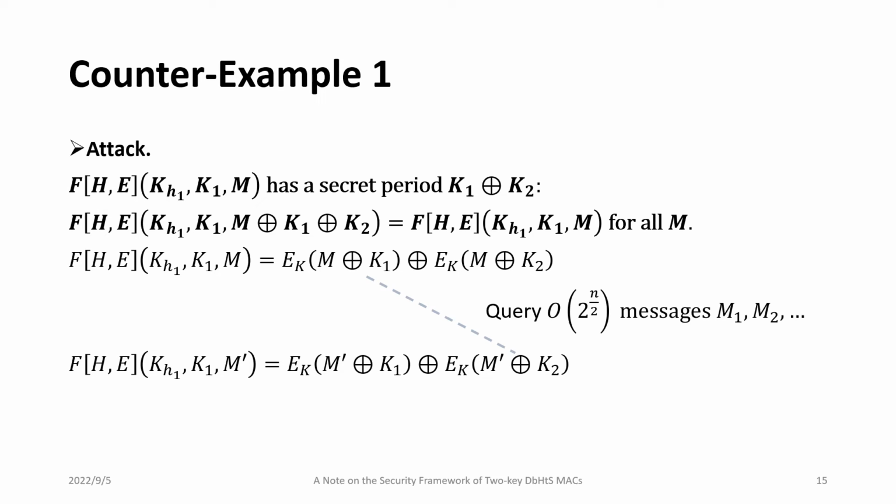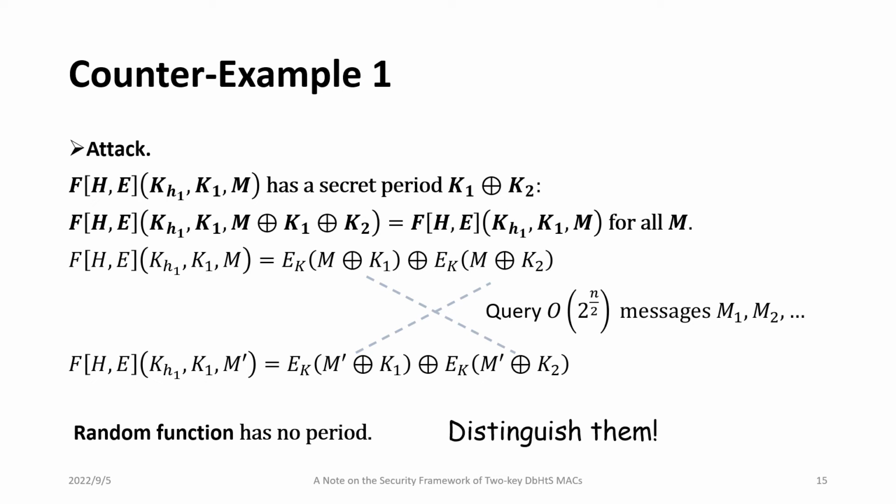Meanwhile, the output of the second hash function with m must collide with the first hash function with m prime. So the function f with these two messages has the same output. That is to say, the adversary finds the period, which is equal to m XOR m prime. However, a random function has no period, so the adversary distinguishes them.